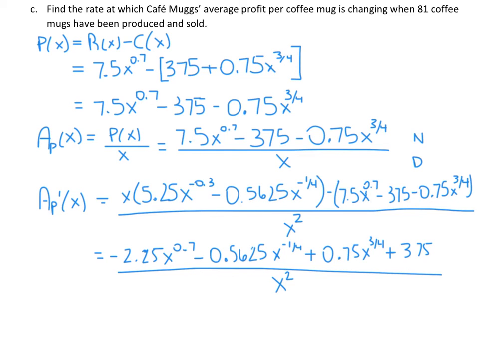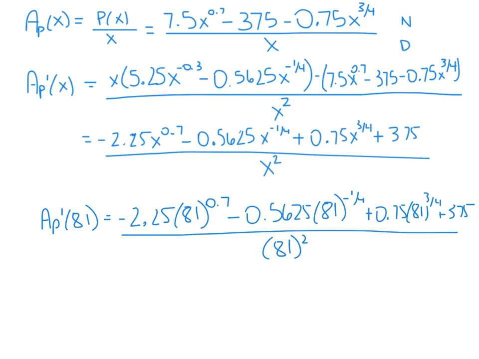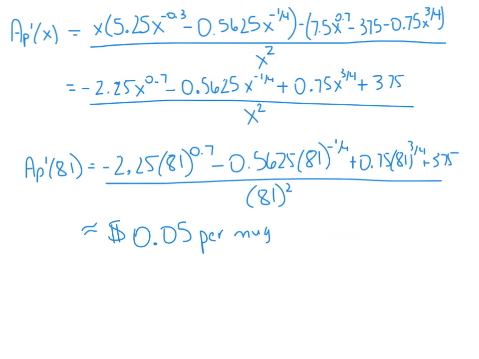But next, what we need to do is plug 81 into this derivative because we're asked to find the rate at which average profit per coffee mug is changing when 81 coffee mugs have been produced. So now plugging 81 into the derivative and then simplifying, we get that the rate at which the average profit per coffee mug is changing when 81 coffee mugs have been produced and sold is 5 cents per mug, rounded to 2 decimal places.